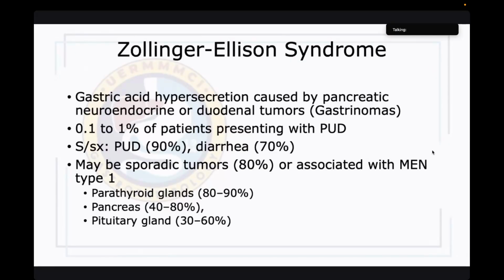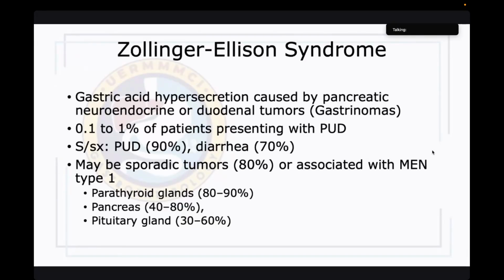Diarrhea is the next most common clinical manifestation and is found in up to 70% of patients. This may result from marked volume overload in the small bowel, pancreatic enzyme inactivation by acid, and damage of the intestinal epithelial surface by acid.